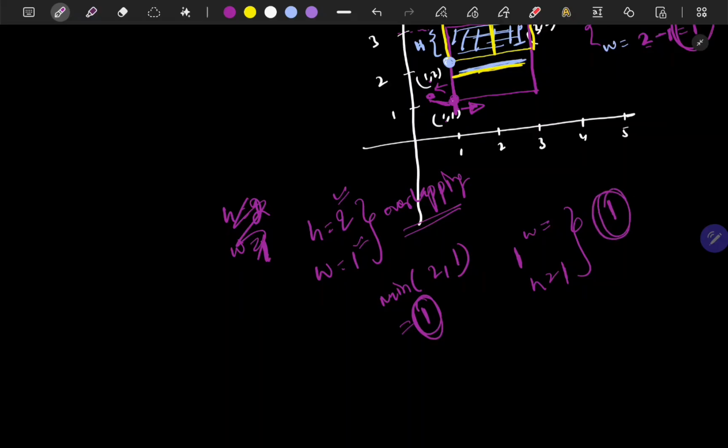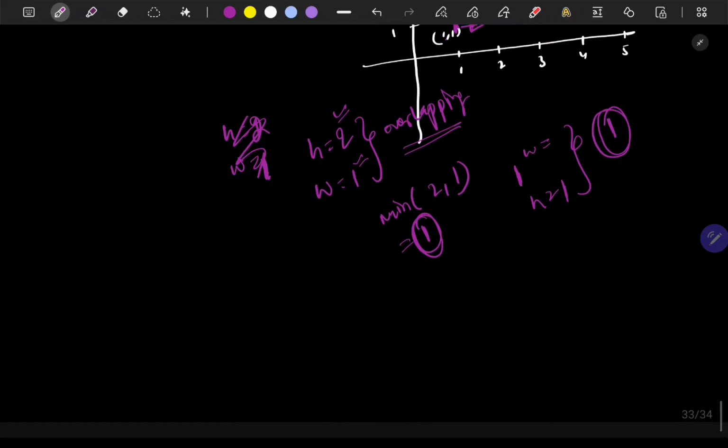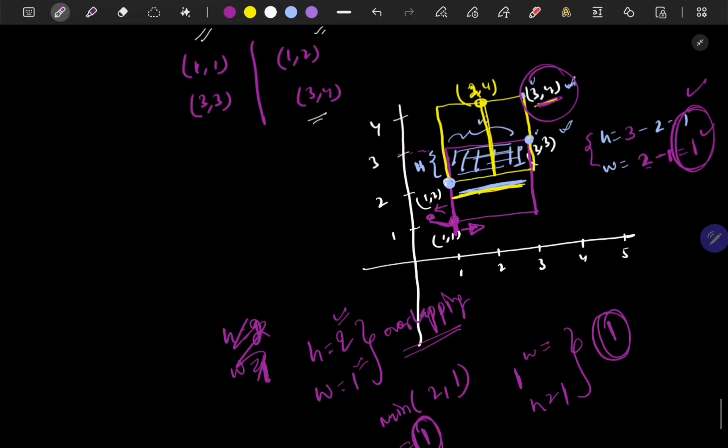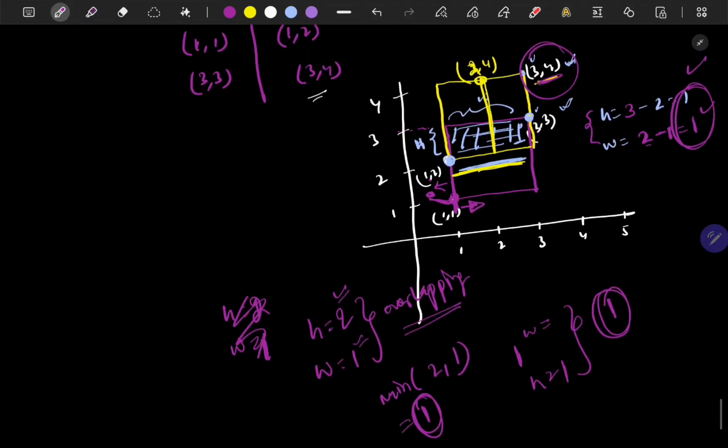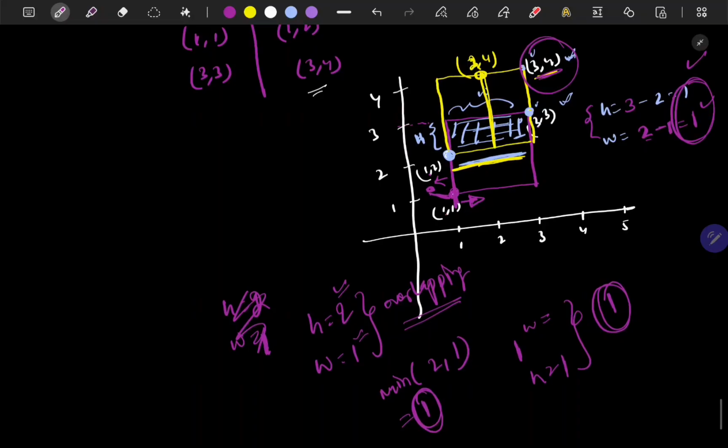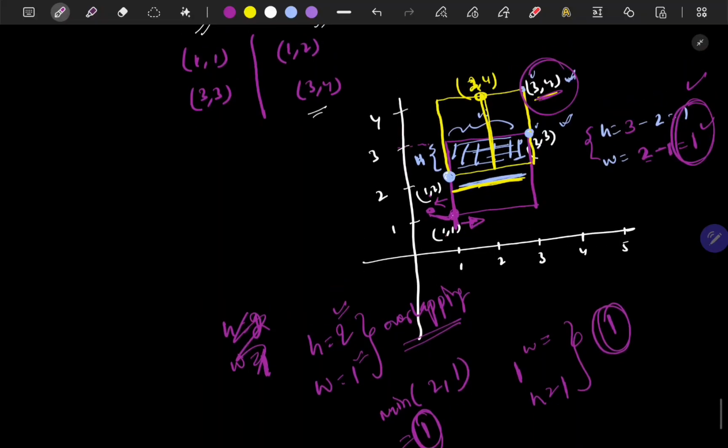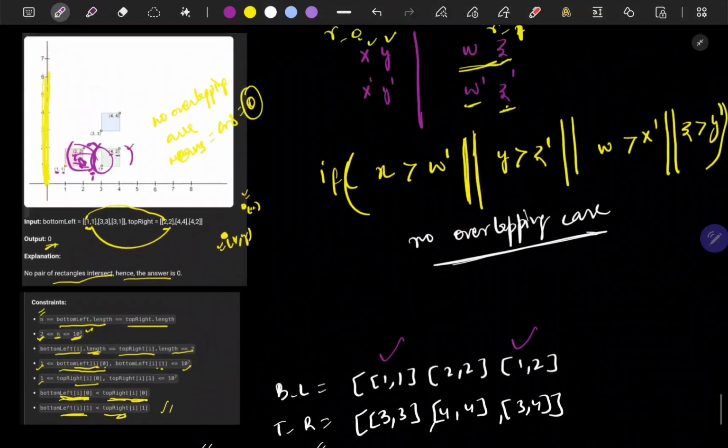I hope you understood it. It's a bit tricky, so go through it once again if you did not understand, but I tried my best to explain the conditions. Once you get the condition, that is done.